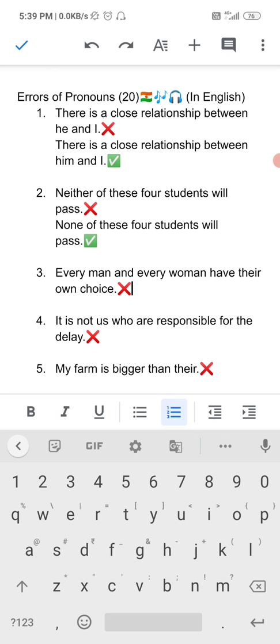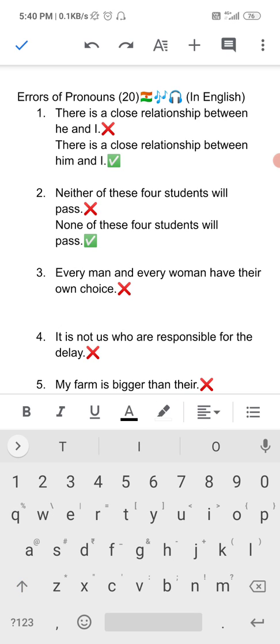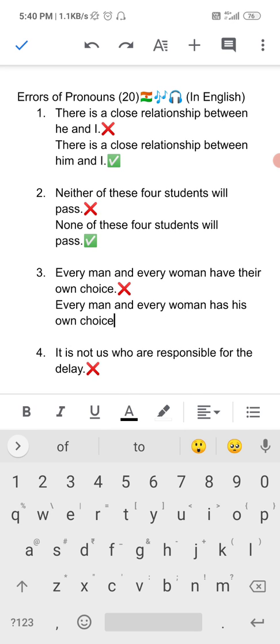And especially here we have to use his because we are very accustomed to use his in our sentence because of male dominance in our society or in our language. So the correct answer should be: every man and every woman has his own choice.